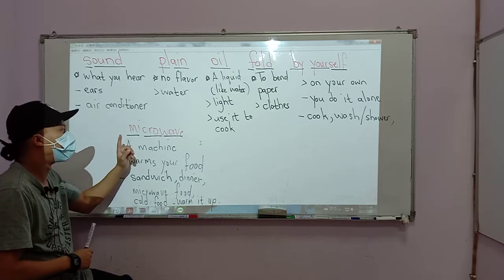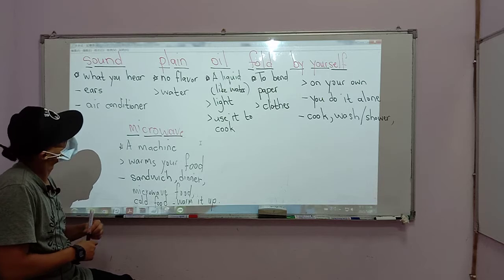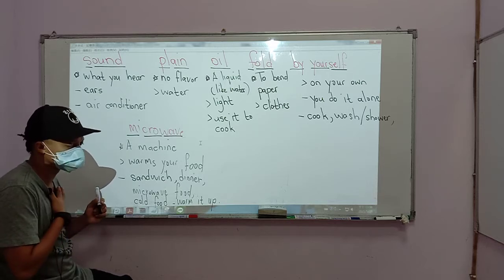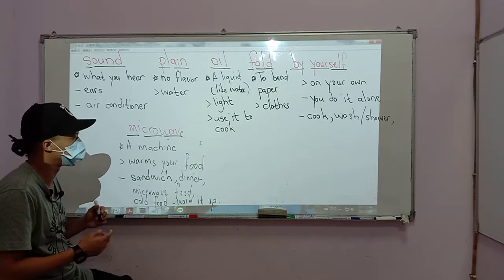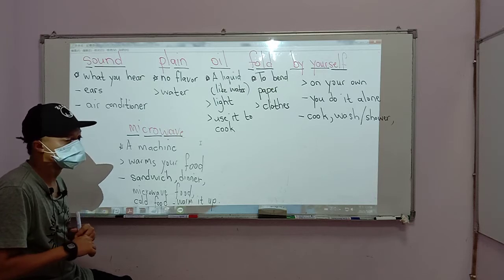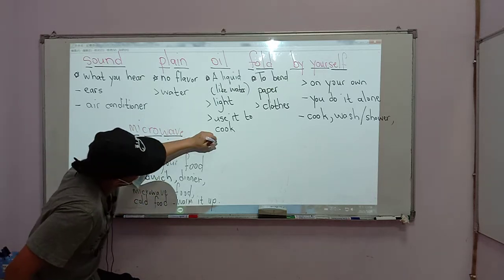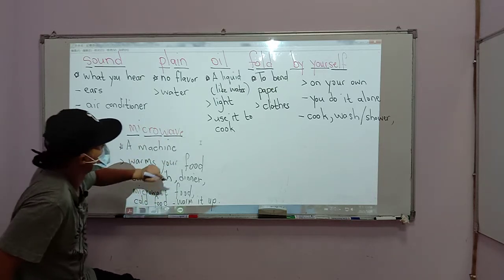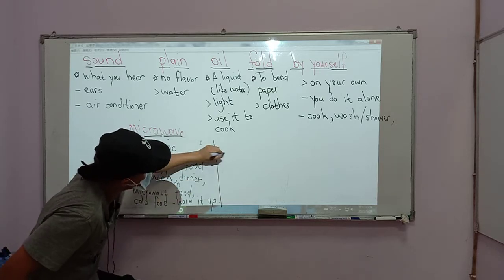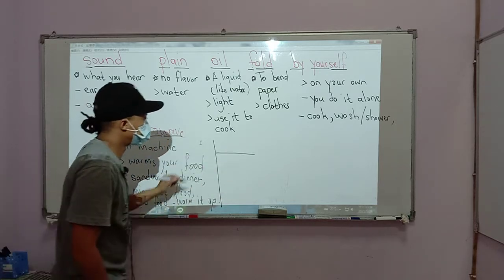I think one thing that you guys should also know about microwaves is do not put... So where should I write it over here? I think I'll write on top.